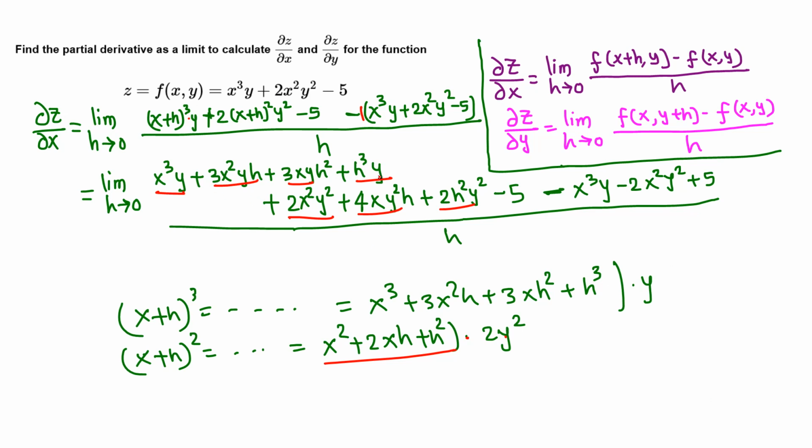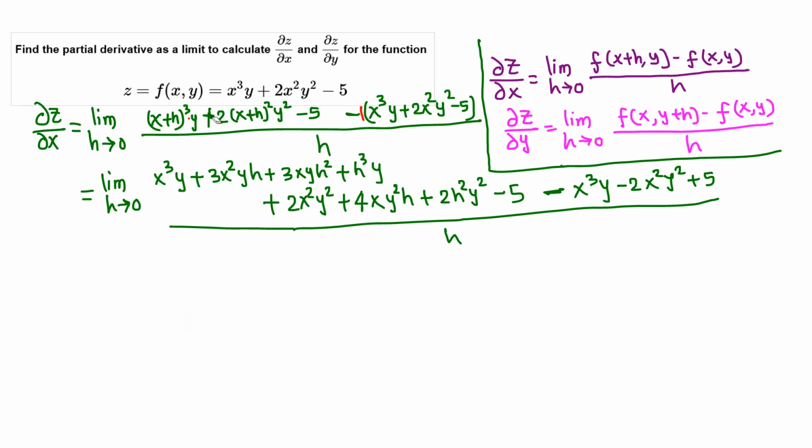Okay, now there will be some cancellations. Let's see. As you can see, this negative 5 and positive 5 cancel, x cubed y cancels, and 2x squared y squared cancels. Now we should be able to factor h out from the top and cancel with the bottom.